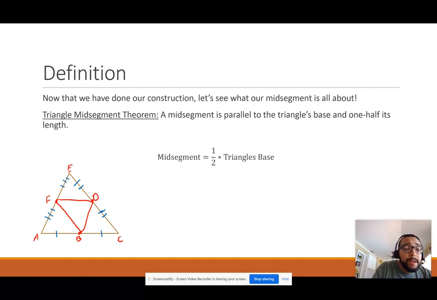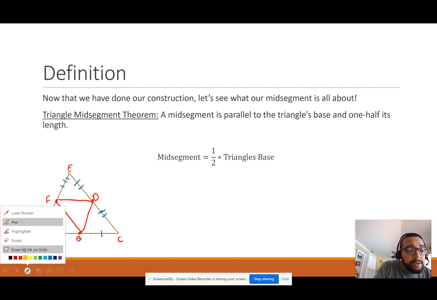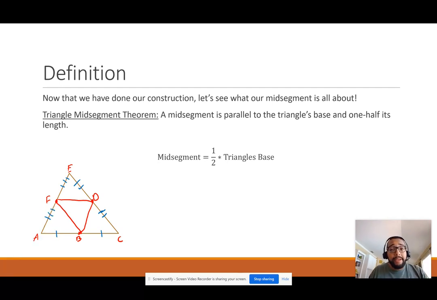So that's good. This brings us to a different notation. We'll do black. We have a mid segment here. The way this triangle is oriented, my base is AC, and that means FD is my mid segment. So FD is parallel to AC. Those two double bars mean parallel, and the line above the letters means line segment.